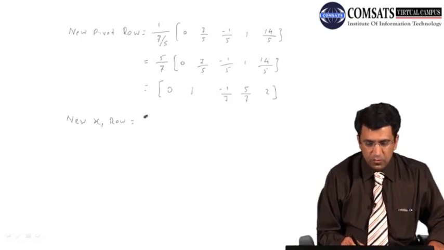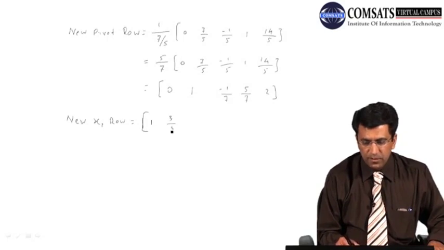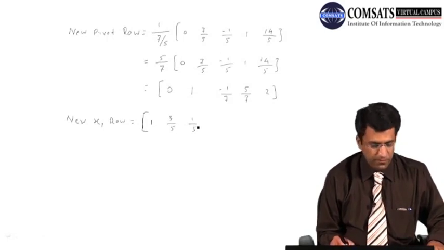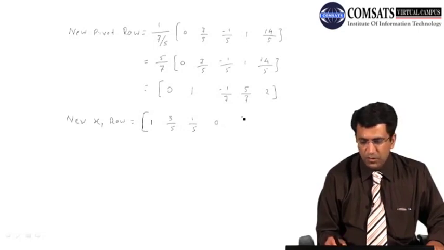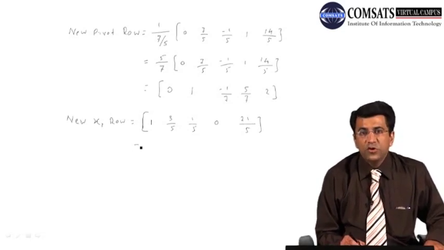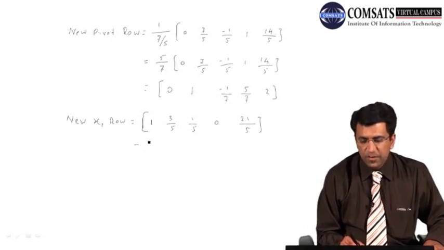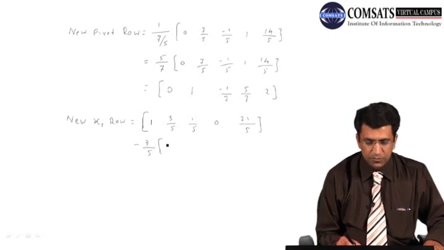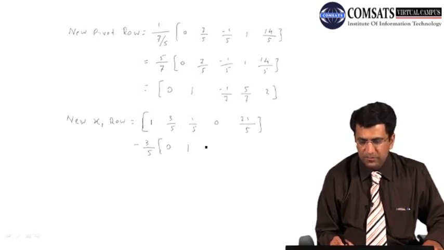This will be equal to the old x1 row, that is 1, 3 by 5, 1 by 5, 0, 21 by 5, minus the corresponding pivot column coefficient, which is equal to 3 by 5 in this particular case, times the new pivot row which we have just computed, that is 0, 1, minus 1 by 7, 5 by 7 and 2.